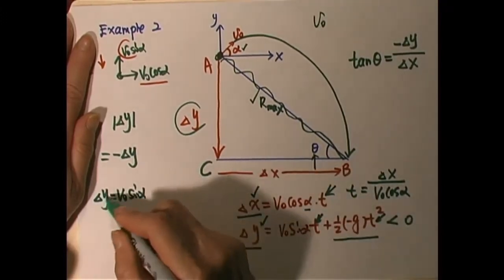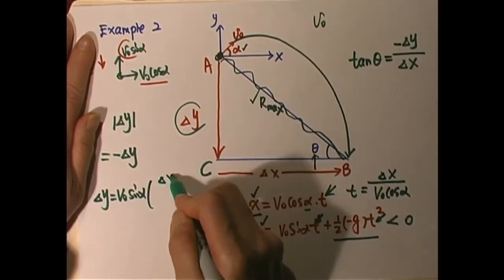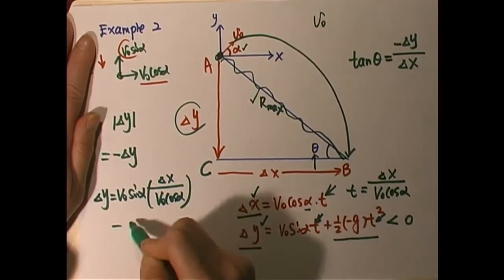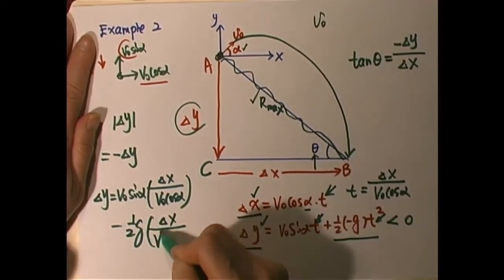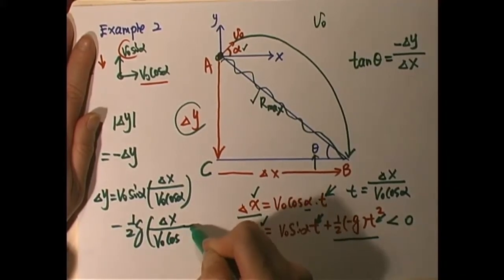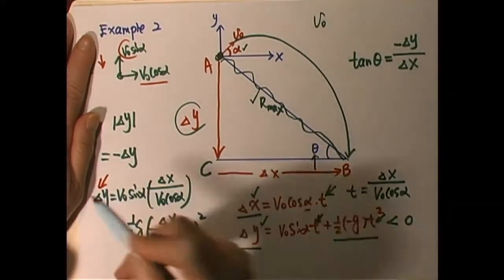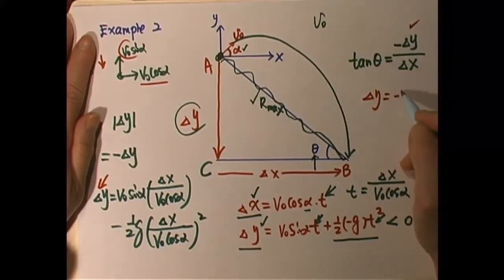So we have delta y equal to V0 sine alpha t, where t is replaced with delta x over V0 cosine alpha, minus 1/2 g t squared, again with delta x over V0 cosine alpha, squared. Then we replace this delta y. Delta y is negative tangent theta delta x.